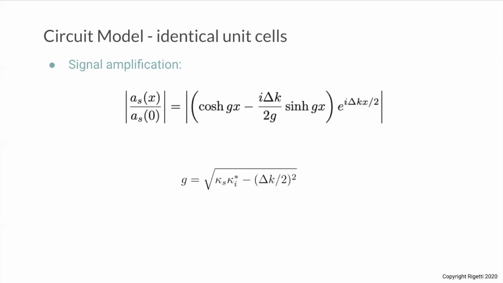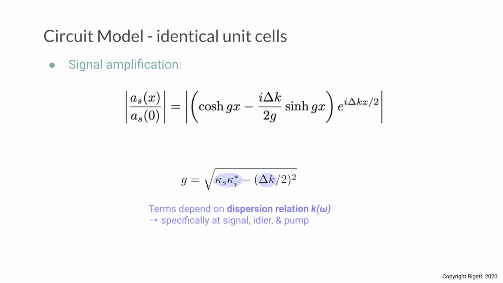So let's begin the analysis by looking at identical unit cells. It's known in the literature that the signal amplification can be solved by the TWPA circuit wave equation, and the resultant gain is exponential with respect to G and X, where X is the length of the TWPA and G is the gain coefficient.